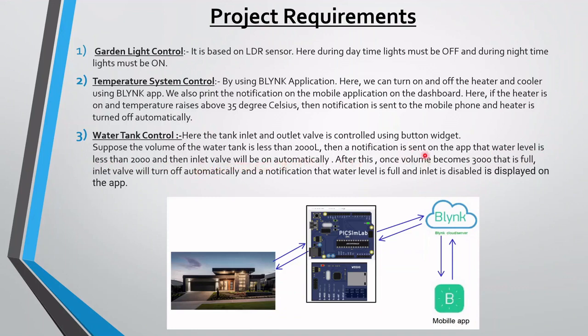After this, once the volume becomes 3000, that is, the water level is full, the inlet valve will turn off automatically and a notification that the water level is full and the inlet valve is disabled is displayed on the app.